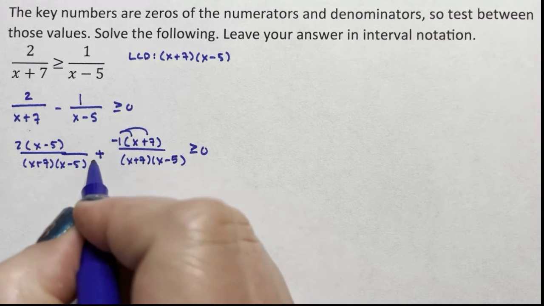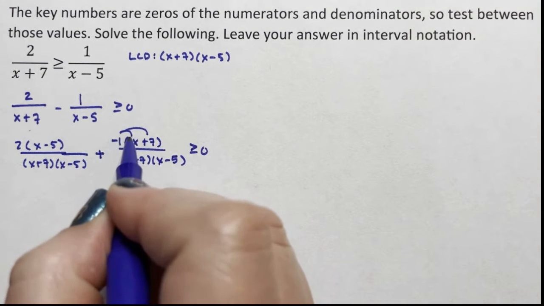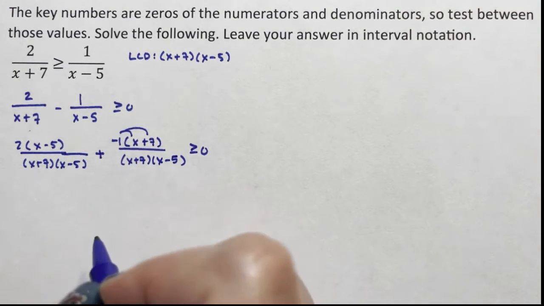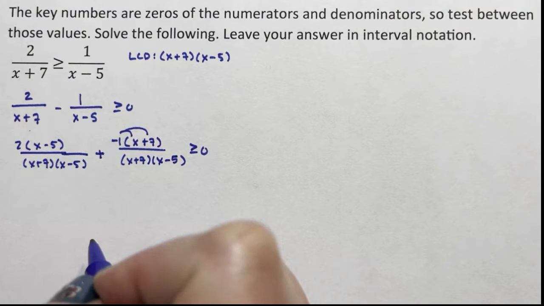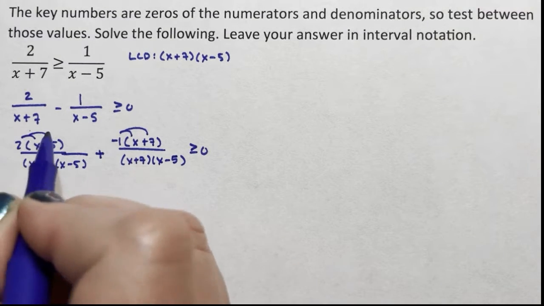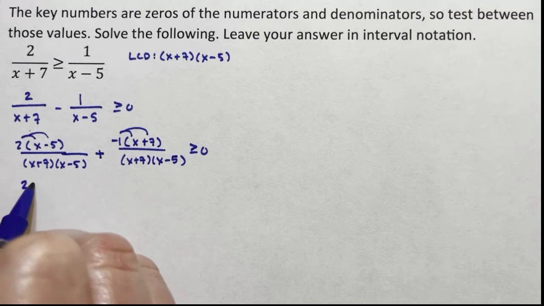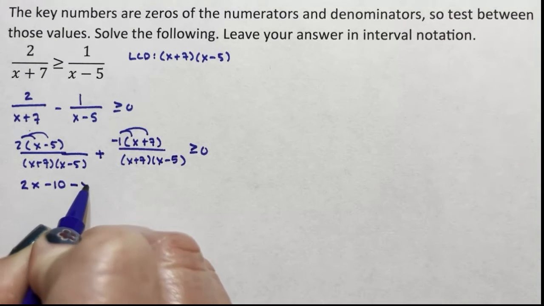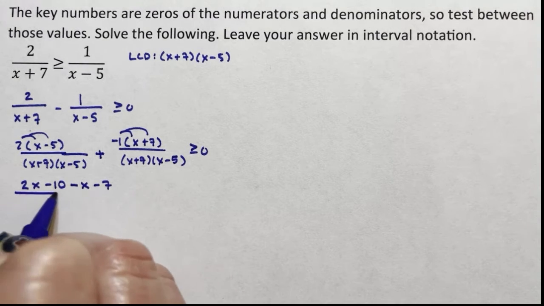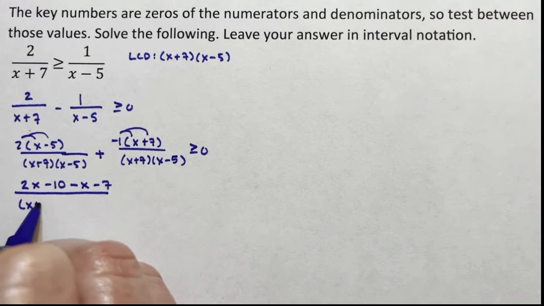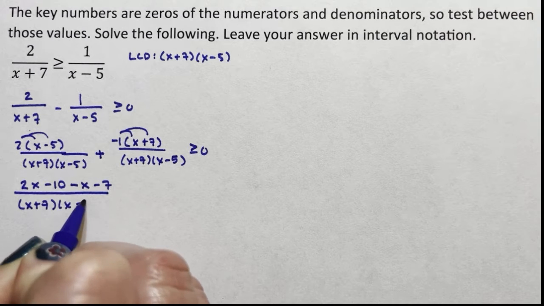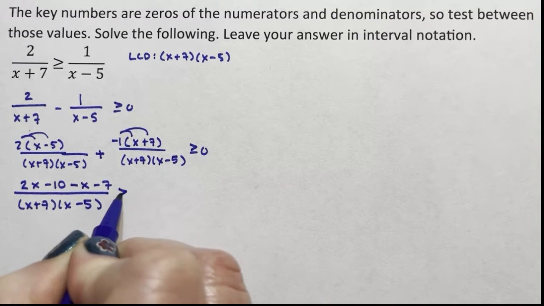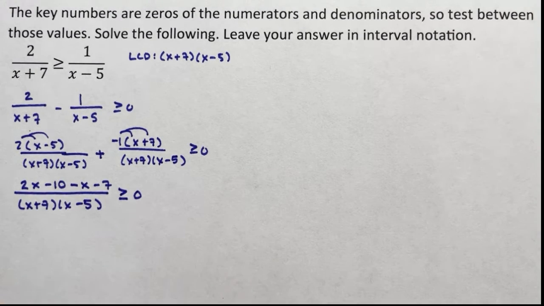So changing this to a plus and making this a negative and distributing your negative is a very smart move. All right, I'm going to distribute the 2 here and get 2x minus 10. Distribute the -1 there and get minus x minus 7. This is all over x plus 7, x minus 5, and it is greater than or equal to 0.